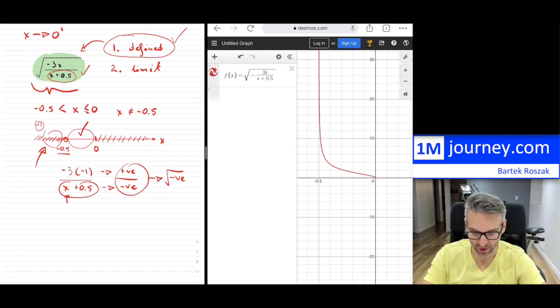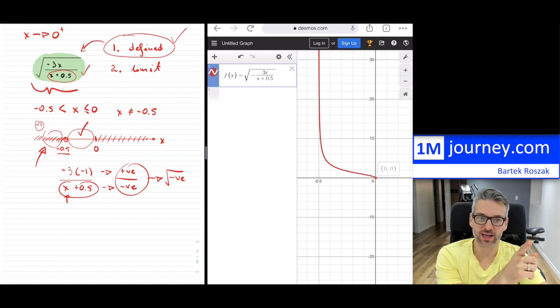Then notice as we're approaching, as we get to here, we can get to 0. We get 0, 0. But we can't have a limit at 0 because we can't come in from the right-hand side of 0. So the only limit that would exist would be from the left-hand side.